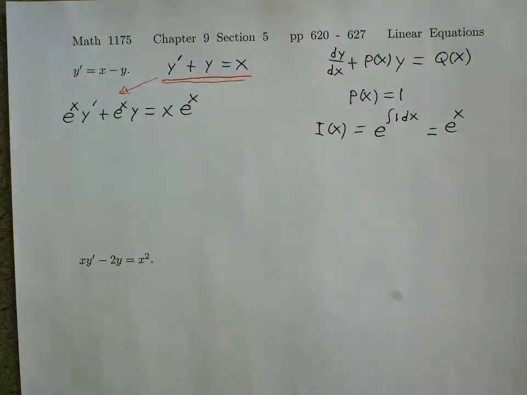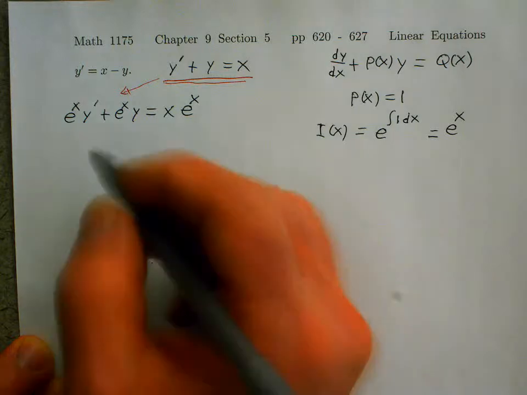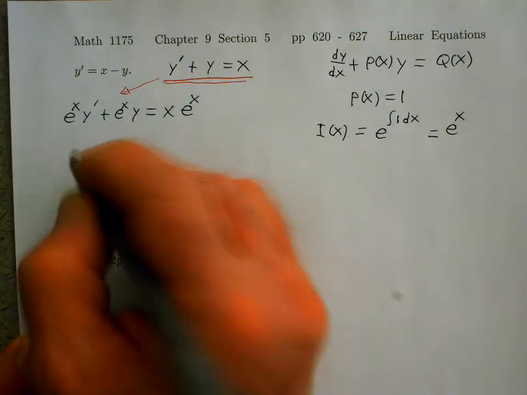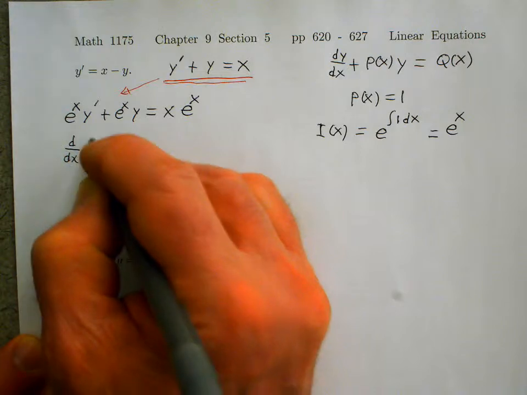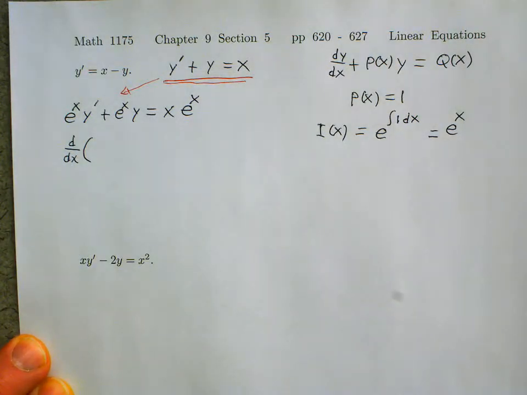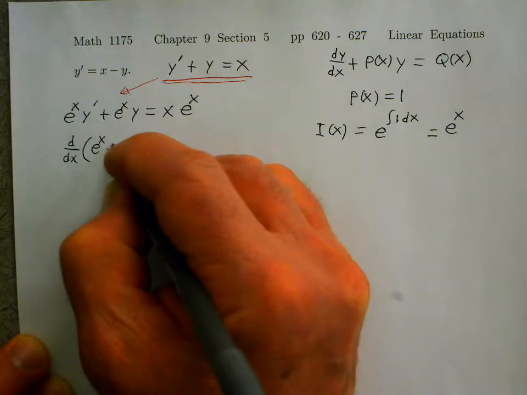Okay, the next step, the left-hand side is the derivative of a product of two functions. So we can rewrite the left-hand side as the derivative with respect to x of what function? It's e to the x times y.